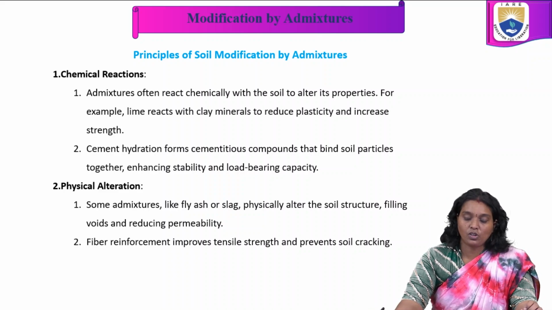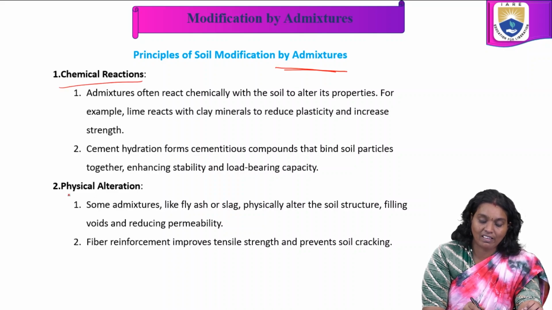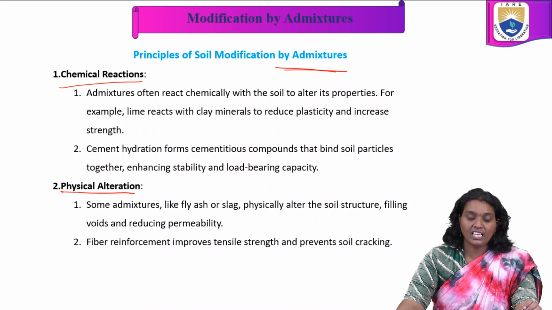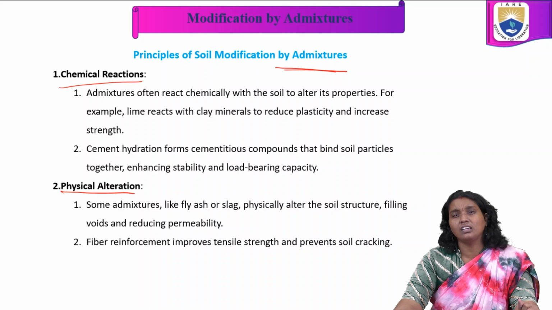In the principles of soil modification by admixtures, there are chemical reactions as well as physical alteration. In the chemical reaction, admixtures often react chemically with the soil to alter its properties. For example, lime reacts with clay minerals to reduce plasticity and increase the strength of the soil.